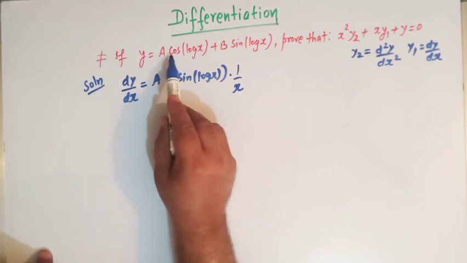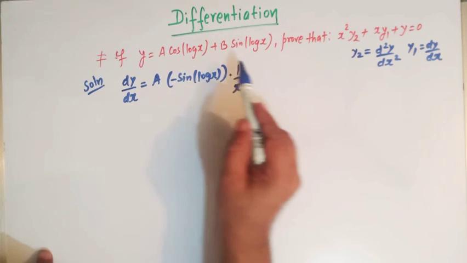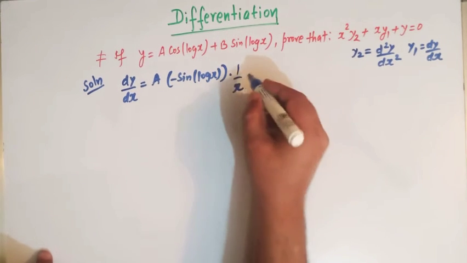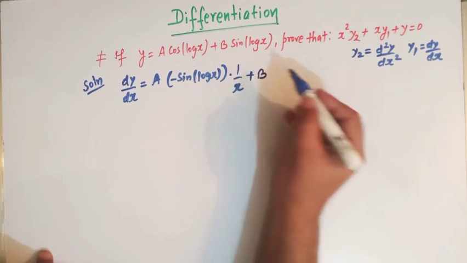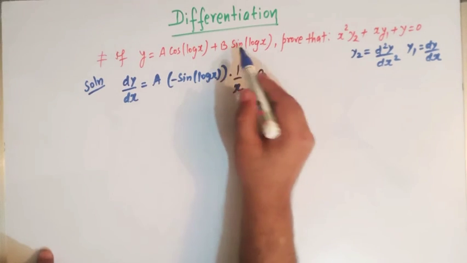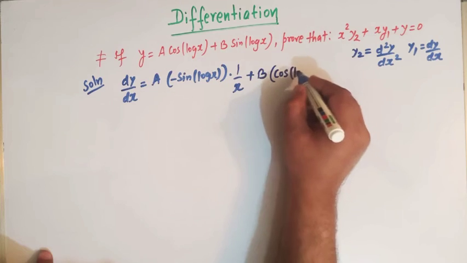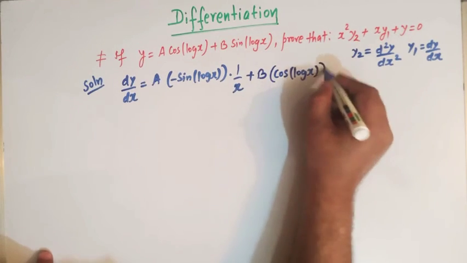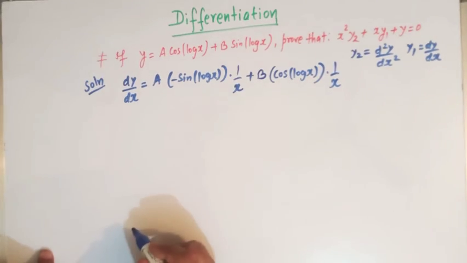So first we find the derivative of cos, which is minus sine, then the derivative of log x is 1 over x. And similar is the case with this function. So here we have b, the derivative of sine is cos, so we have cos log x, and the derivative of log x is 1 over x, right?